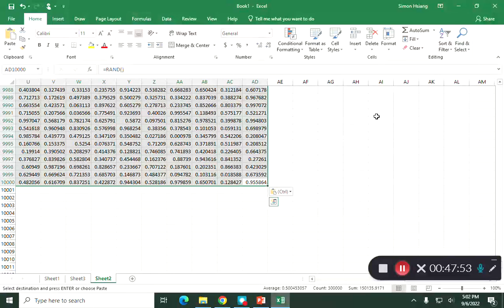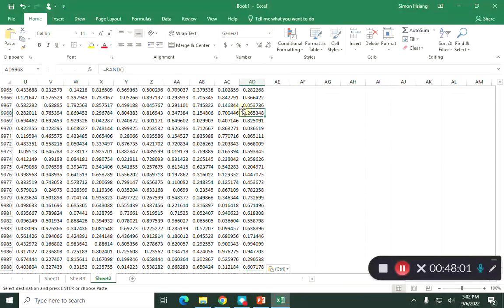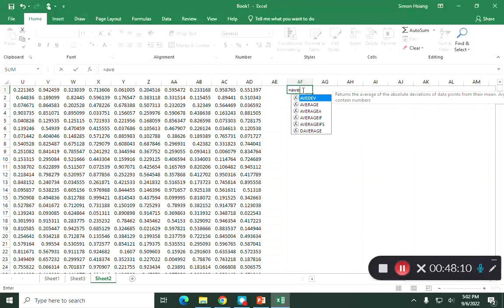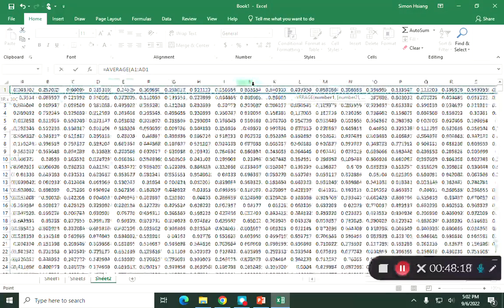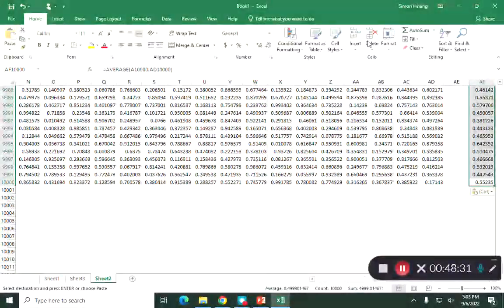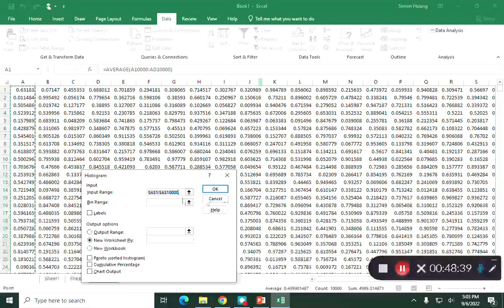This time I have about 30 numbers, and all I need you to do is take the average of all the random numbers. Then take a histogram of the set of averages, from AF1 to AF10,000.